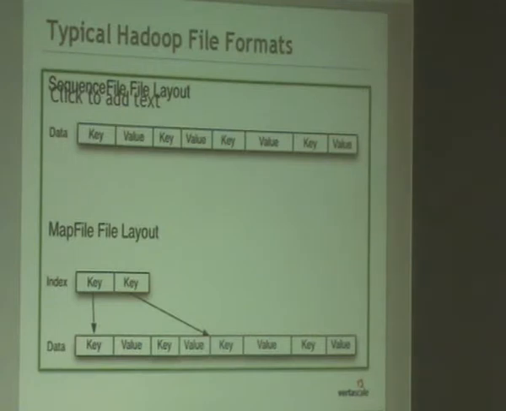Hadoop has a couple of file formats, but the most important, I would say, are sequence files and map files. This is an application level file format that Hadoop implements on top of HDFS. It's not per se part of HDFS. The keys and values are represented explicitly in the file.